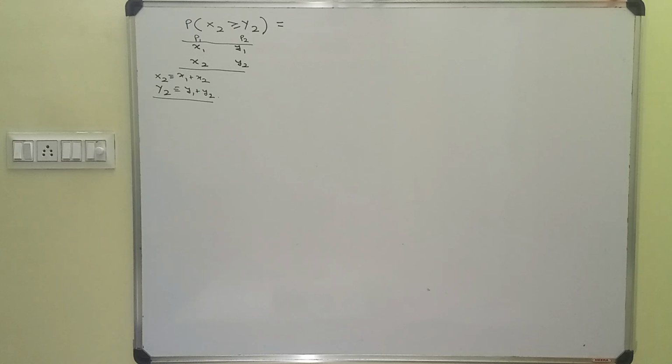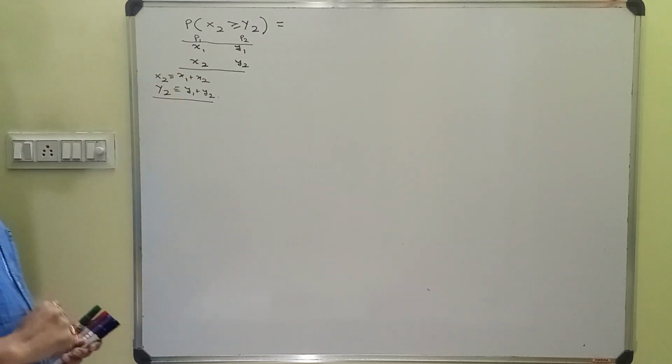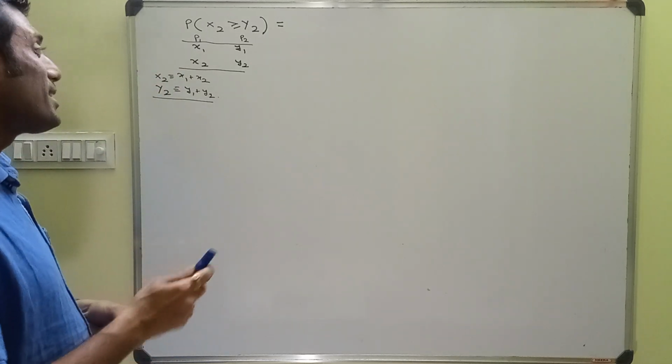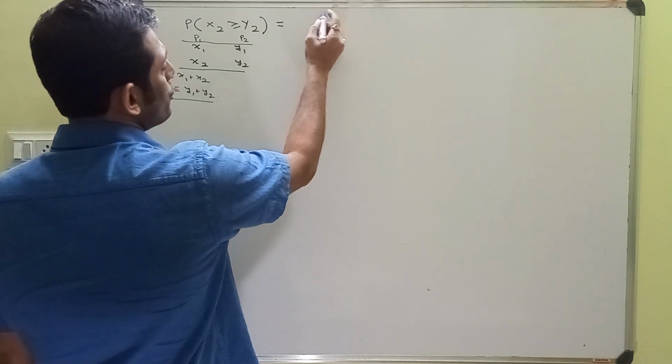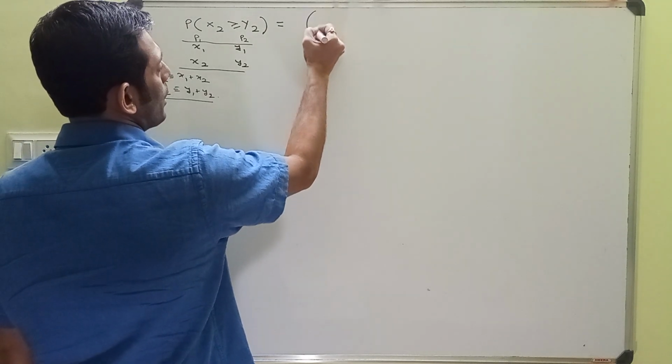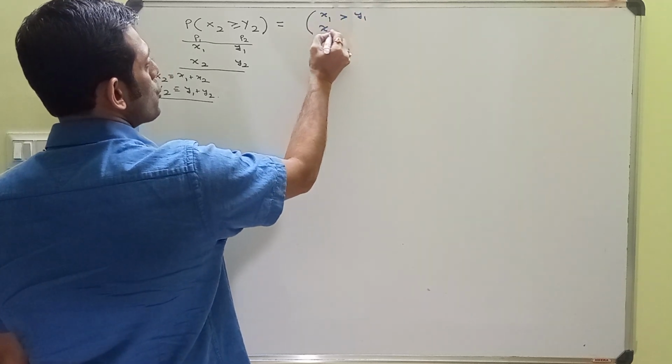Now, what is the probability for the net score to be greater for P1 than for P2? How can this happen? This can happen in several ways. One of them can be something like this: in both the games, P1 scores more.